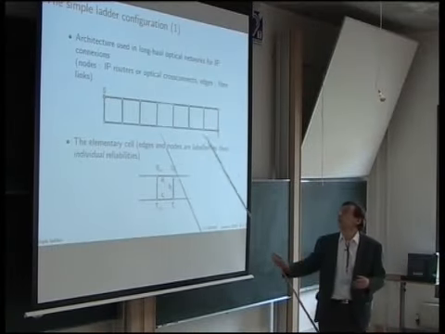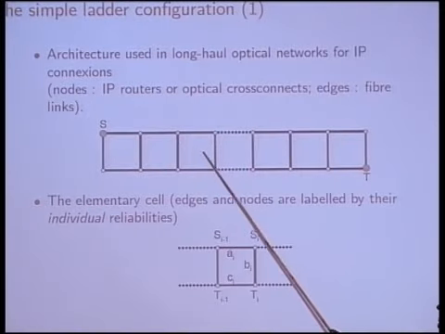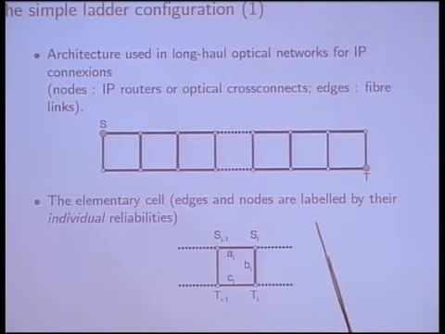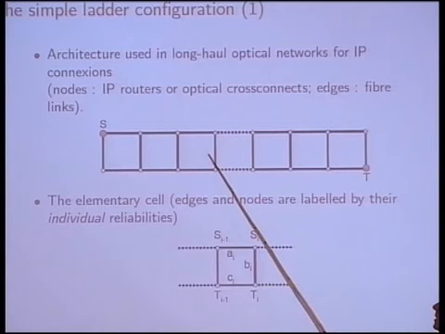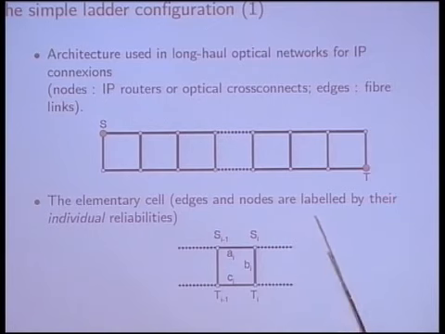So the reliability for the whole path may be rather small, and you can improve this reliability by adding rungs to the ladder. And we can choose to label each node or edge reliability by a different value.